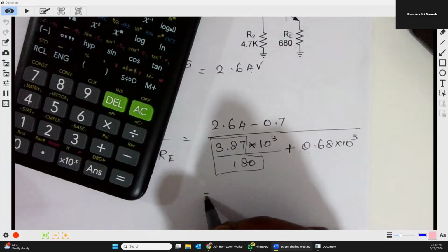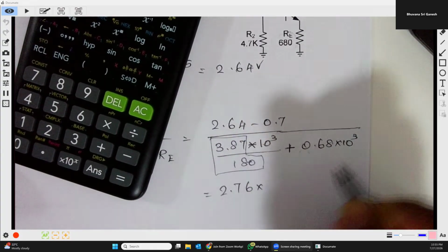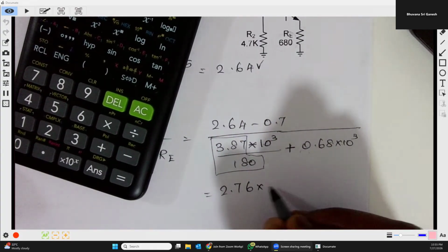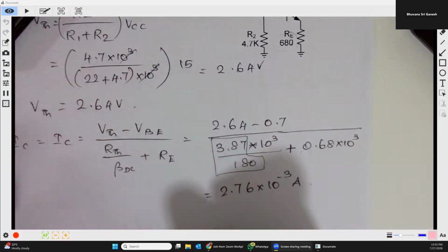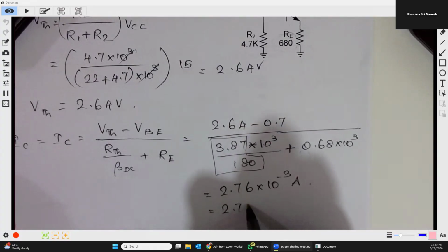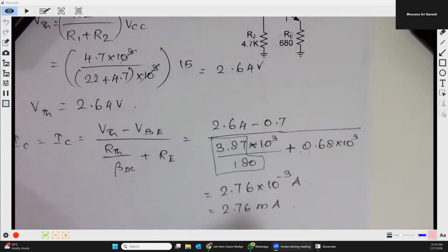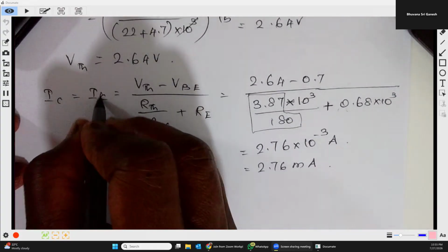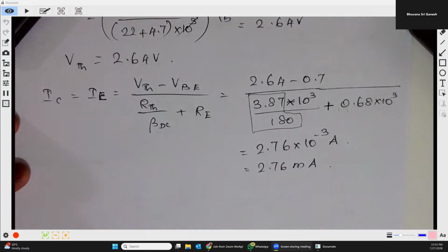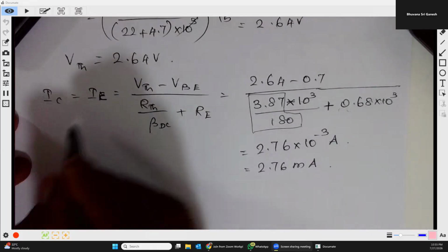This is 2.76 times 10 power positive 3 in the denominator, so 10 power minus 3 amperes. So 2.76 milliampere is your IC. IC equals IE, now they are the same, right?